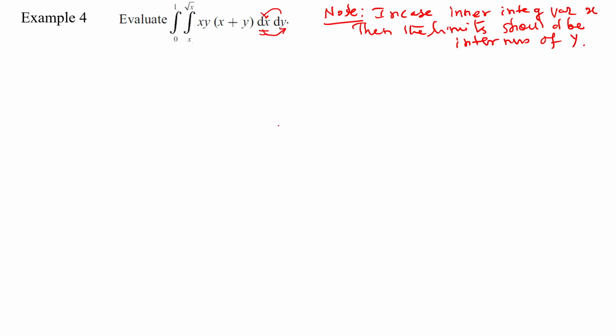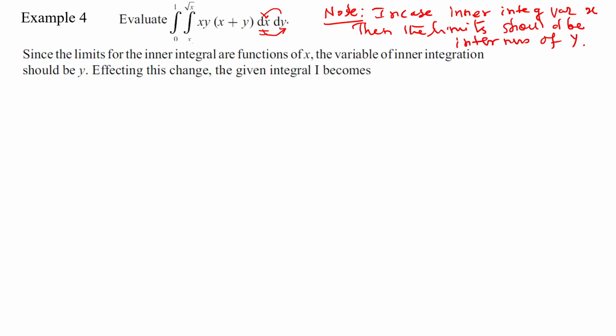The question is not wrong. In case that question is given like that in the examination, you have to interchange that. Most of the students are misunderstanding that the question is wrong, so they leave that. It is not like that. You have to change the order of the integration, then you can solve it. Then if you are changing that, what do you get? See here, very simply, a very important note: the limits of the inner integral are functions of x, so the variable of the inner integral should be y.